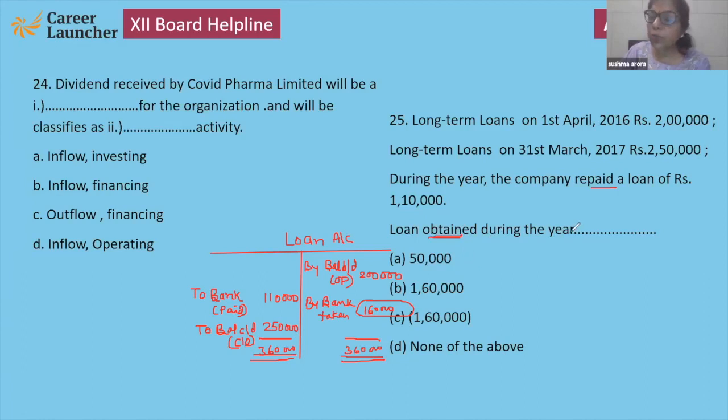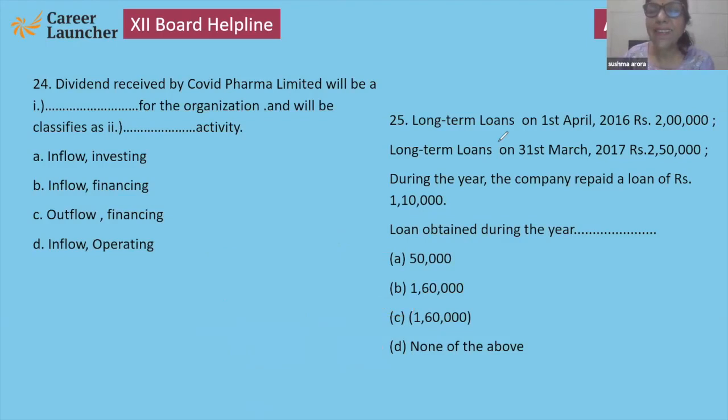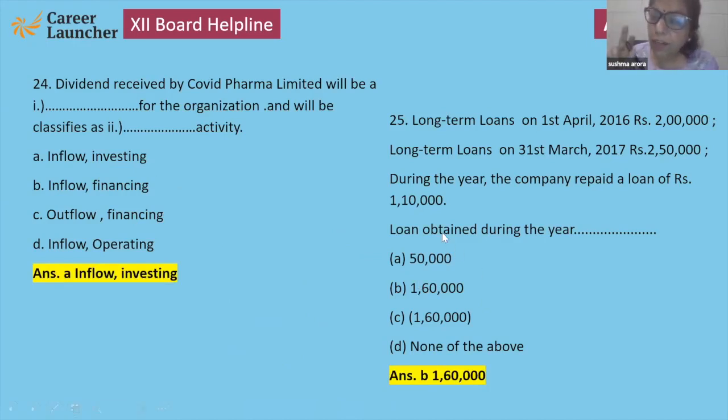Loan obtained during the year, yes. Clear? I'm sure you all are able to make different types of accounts now. Use the concept of class 11. See, this is an inflow under financing activity, and here that is 1,60,000 rupees. How can you say that is inflow? Because they have taken the loan.